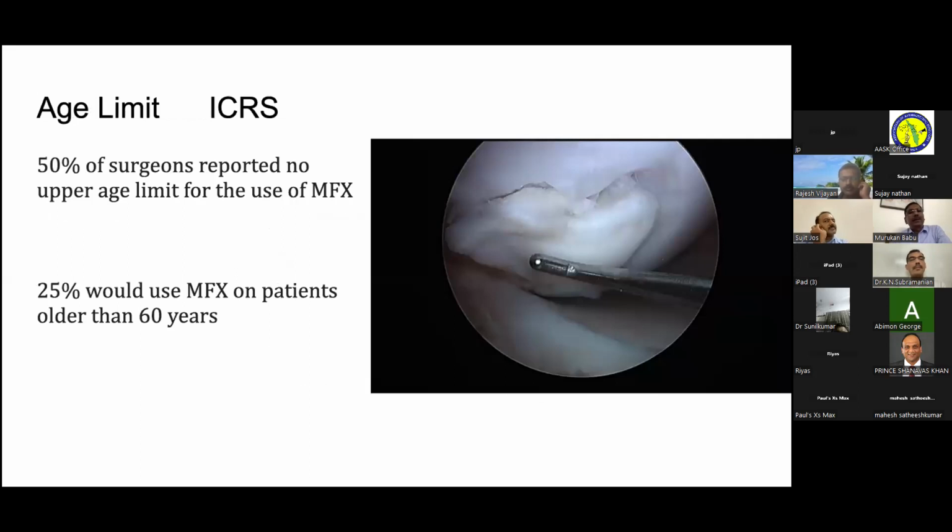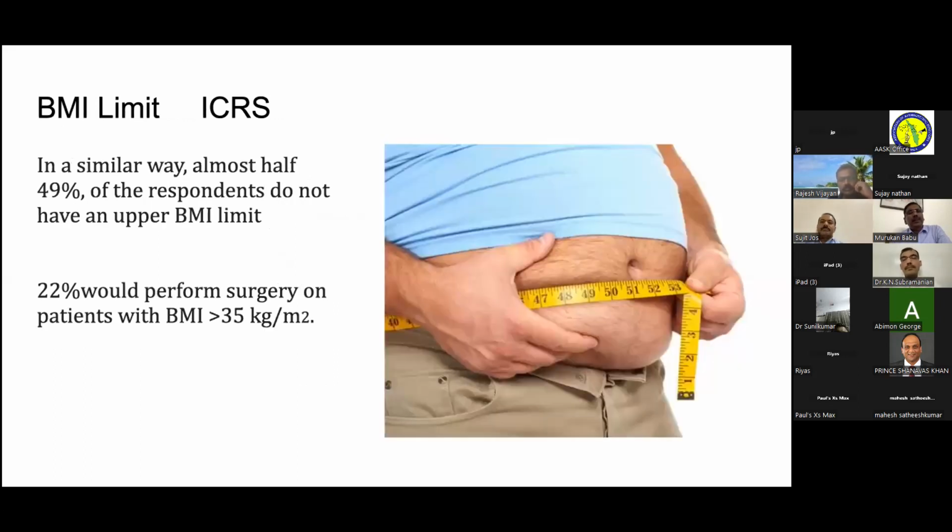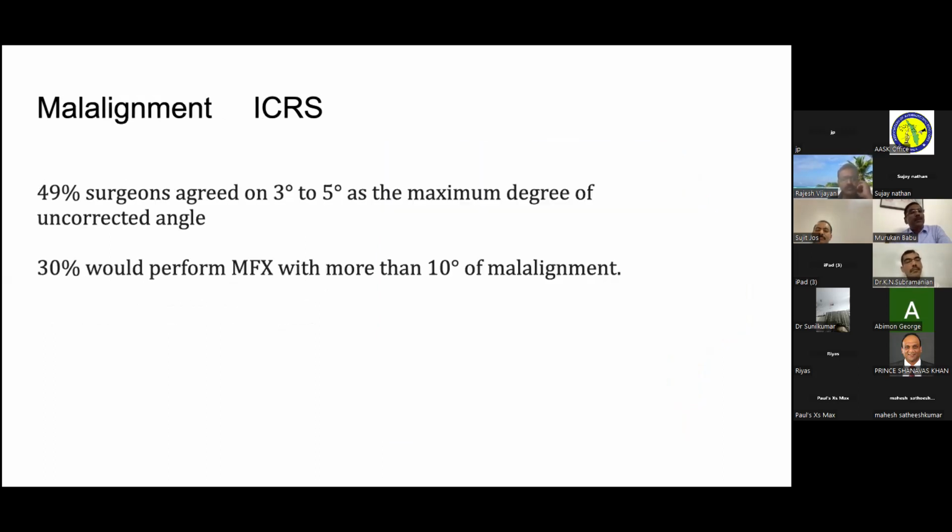On age limit, 50% of the surgeons reported no upper age limit for the use of microfracturing, and 25% would use microfracturing in patients older than 60 years. On BMI, in a similar way, around 50% of respondents do not have an upper BMI limit and do it for all patients, but 22% would perform surgery only on a patient with BMI less than 35 kilograms per meter square.